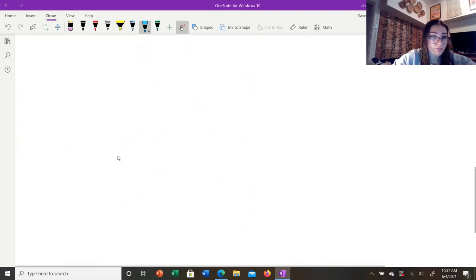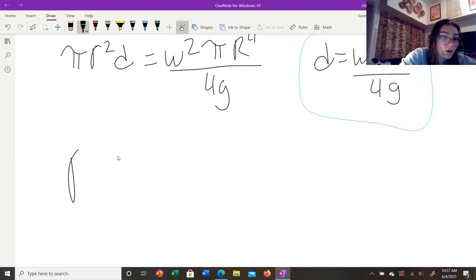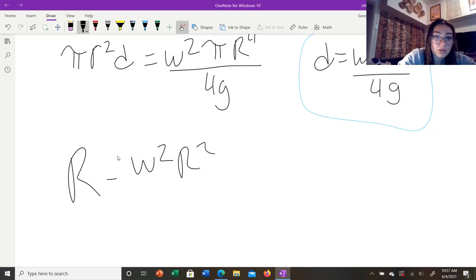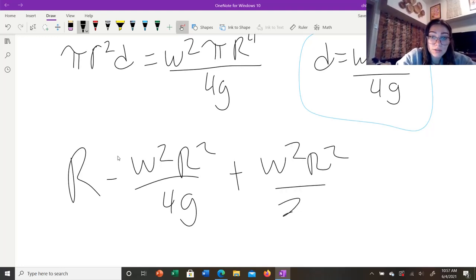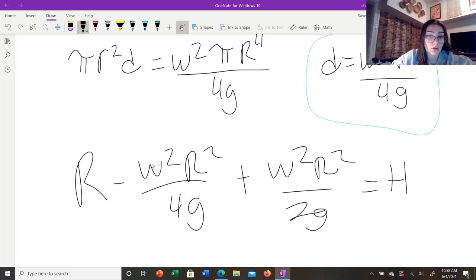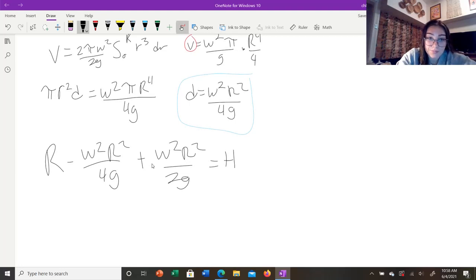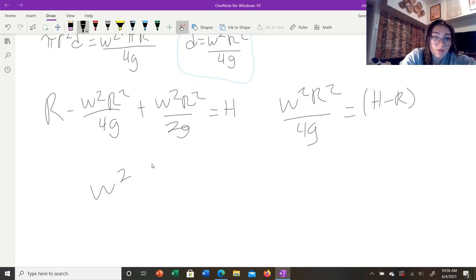We write it as R minus this D we just found, which is W squared R squared over 4g, plus hr, which is W squared R squared over 2g, and this equals H. Now that we're in the end game, we just need to solve for W. How we're going to do this is, W squared R squared over 4g is equal to H minus R. Then we're moving all the stuff over to get W by itself, so W squared equals 4g times H minus R over R squared.